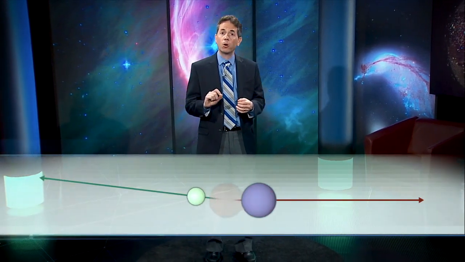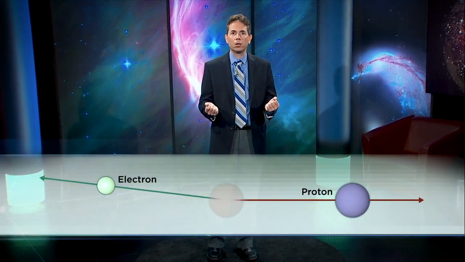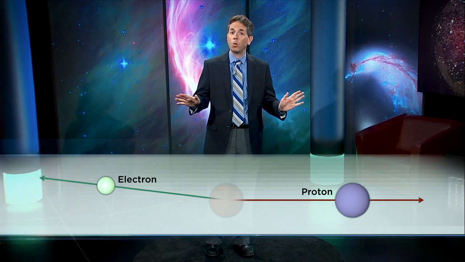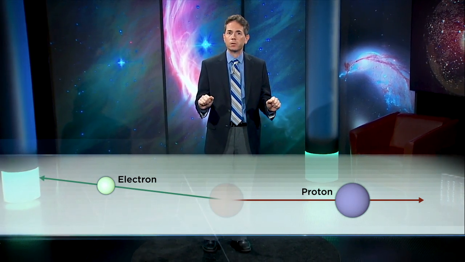Now, that can't be all that happens. The total electrical charge has to be conserved. The new proton's positive charge has to be balanced by negative charge somewhere else. So what happens is that the weak force conjures up an electron along with the proton, and they sail away in nearly opposite directions. You'd expect them to be exactly opposite because in addition to charge, momentum has to be conserved.